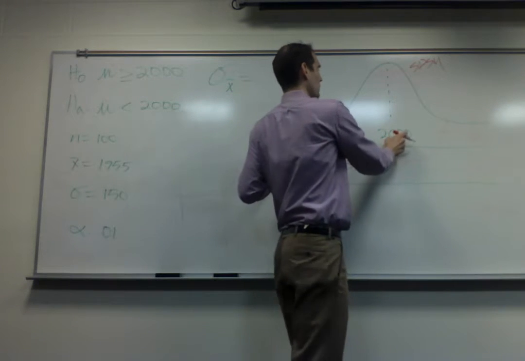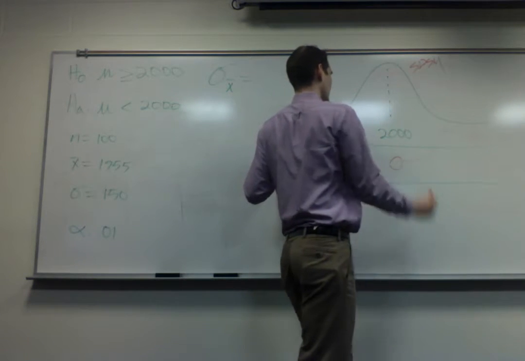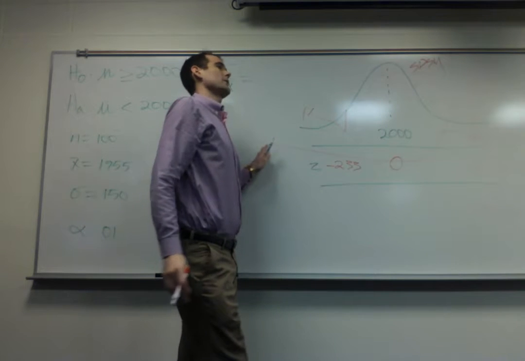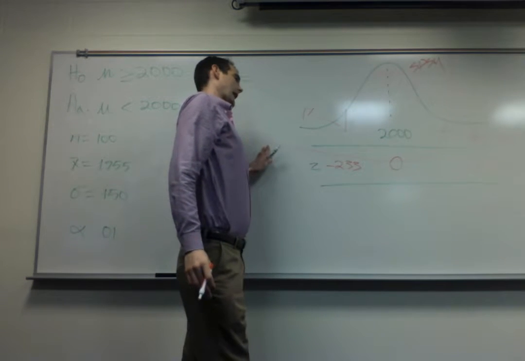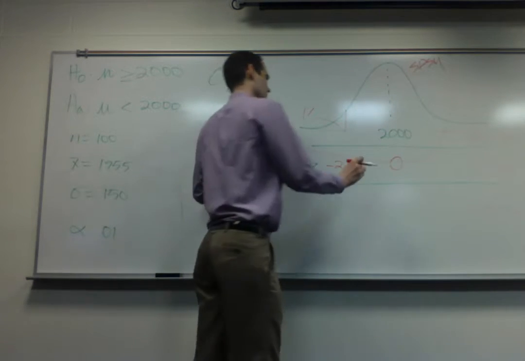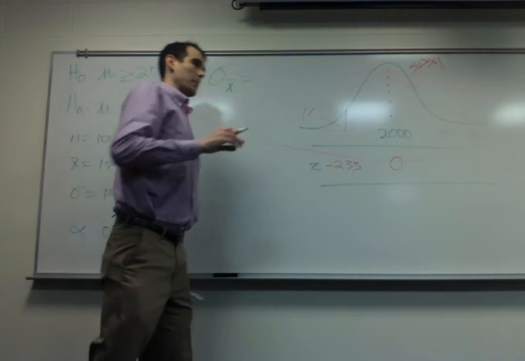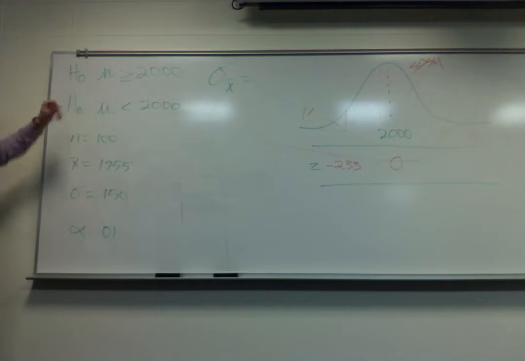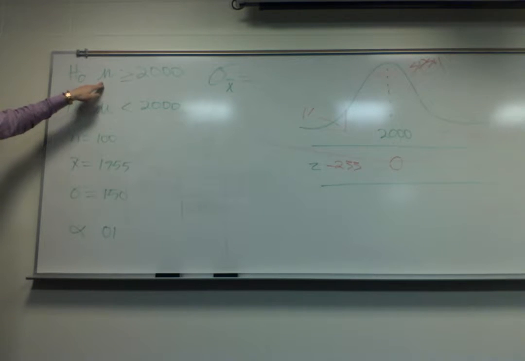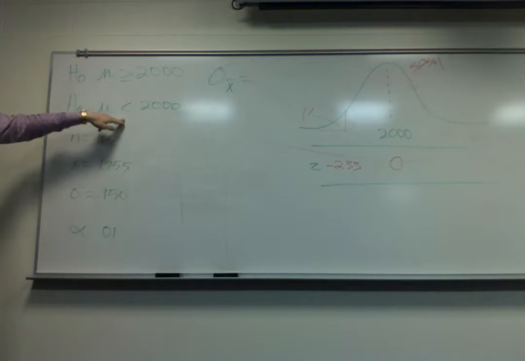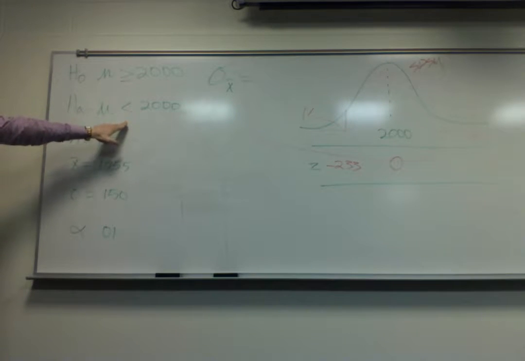It gives the mean a z-score of 0, and we're looking for anything 2.33 standard deviations or more below the mean. The reason it's negative is that what we would potentially be trying to disprove is that the mean is greater than 2,000, and the way we disprove that is finding a mean significantly less than 2,000.